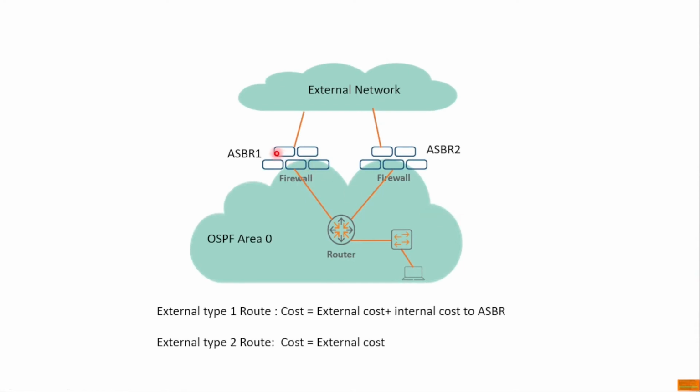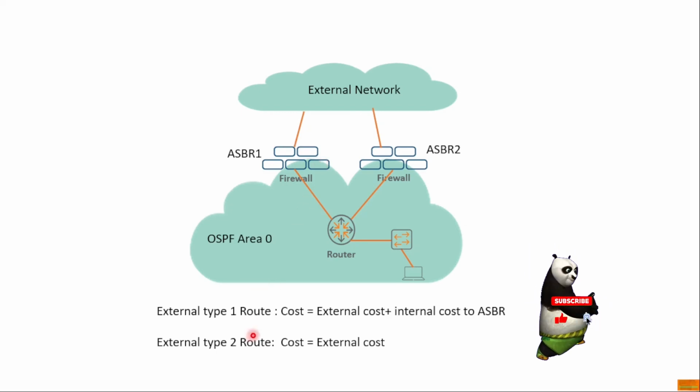Assume these two firewalls are acting as autonomous system boundary routers of this OSPF area 0 and both connected to the external network. In order to have one firewall see both directions of the traffic, we need to manipulate OSPF cost so that one firewall is preferred as primary path. So the strategy here is to have same cost from both firewalls for external routes and keep the internal cost, that is cost to the ASBR, for manipulation.